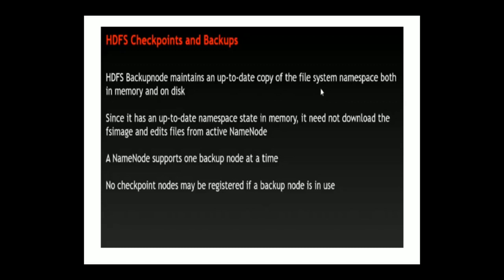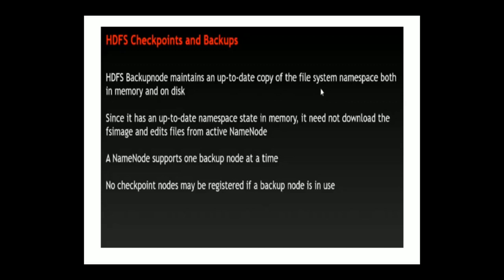The HDFS backup node maintains an up-to-date copy of the file system namespace both in memory and on disk. Since it has an up-to-date namespace stored in memory, it need not download the FS image and edit files from the active name node. A name node supports one backup node at a time. No checkpoint nodes may be registered if the backup node is in use.